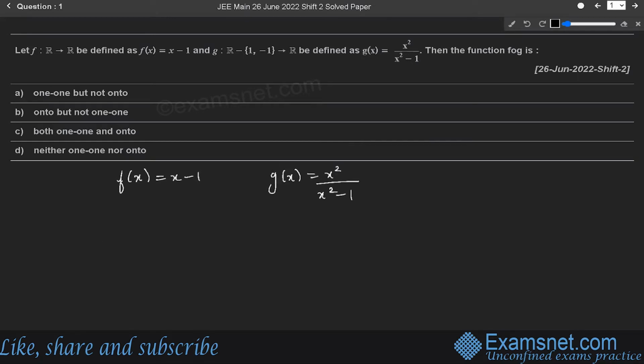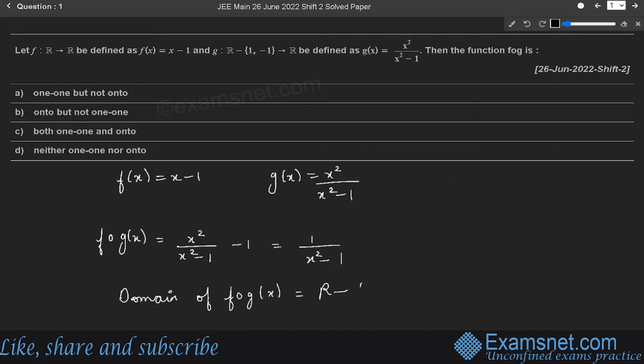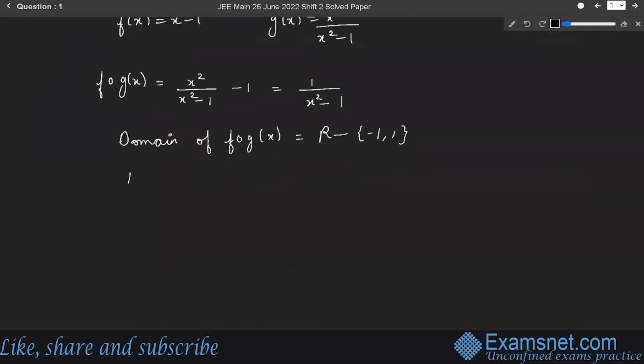Now f(g(x)) = x²/(x² − 1) − 1, so it will be equal to 1/(x² − 1). Therefore, the domain of f(g(x)) will be R − {−1, 1}, and we can say that the range of f(g(x)) will be (−∞, −1) ∪ (0, ∞).